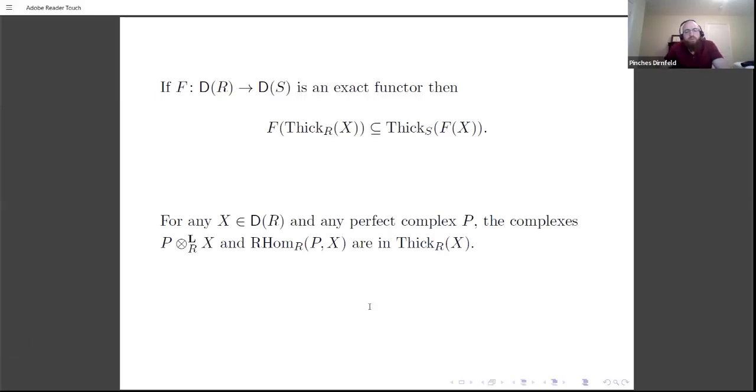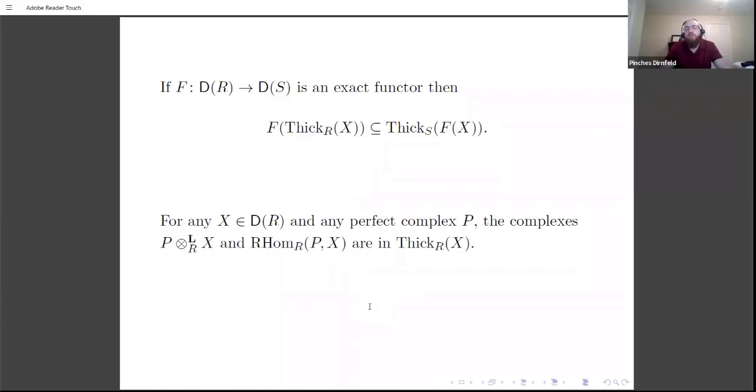Another thing it's good to know is that for every X in the derived category and any perfect complex P, the complexes P derived tensor X and RHom(P, X) are all contained in the thick subcategory generated by X. And people have used this to show many things: Dwyer, Greenlees, and Miller, or Iyengar, I don't remember who it was.